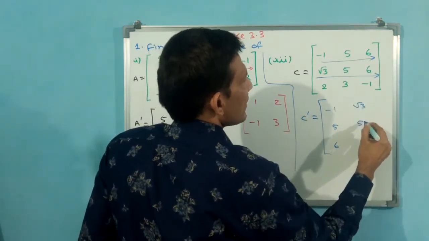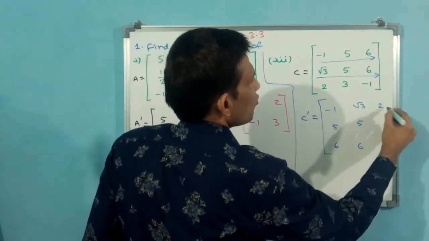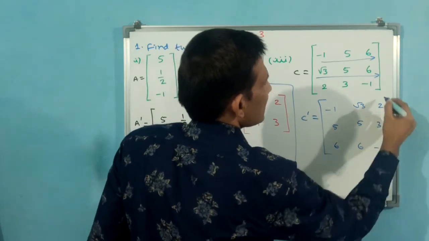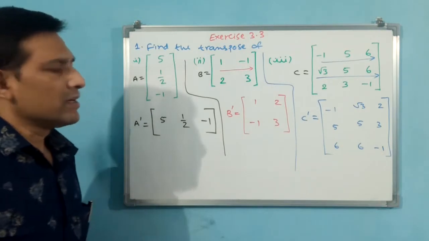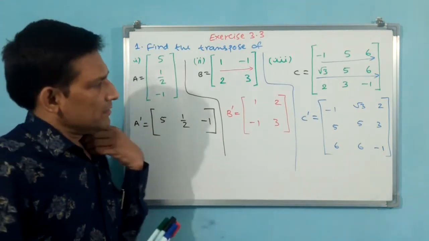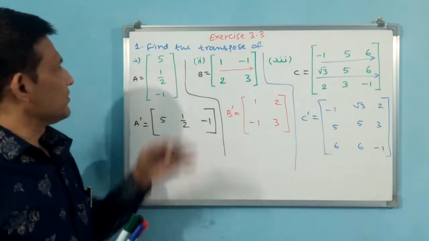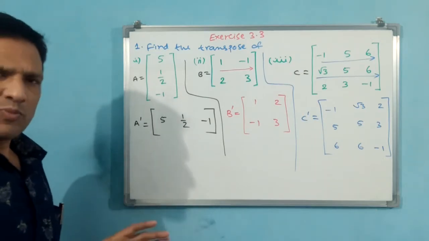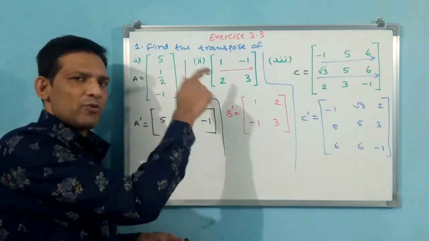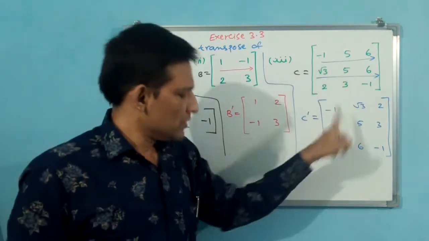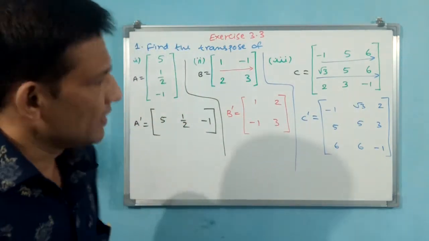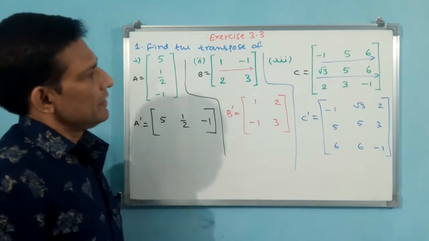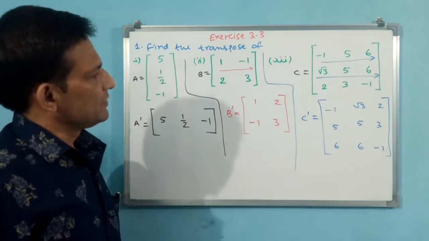Root 3, 5, 6. 2, 3, -1. This will be your third answer, the answer for the third part of this first question. You understand that transpose means simply make row into column. Rows you convert into columns.